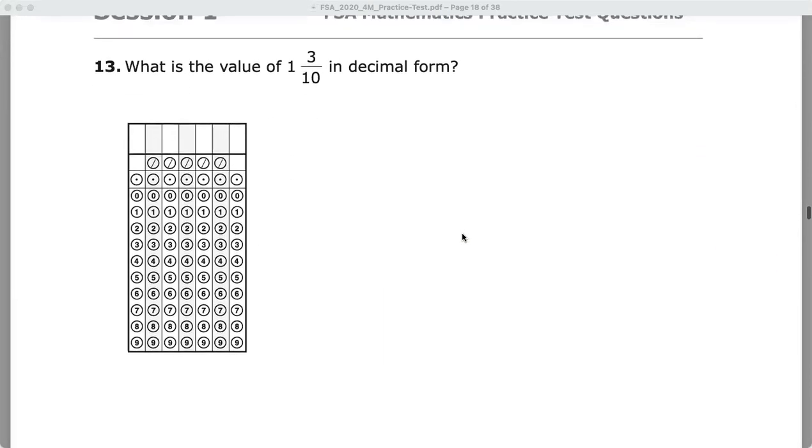What is the value of 1 3/10 in decimal form? So the 3 is over the tenths place. And when you have a decimal, here's the whole number, and then you have place values coming out like this. So the first one is the tenths place.